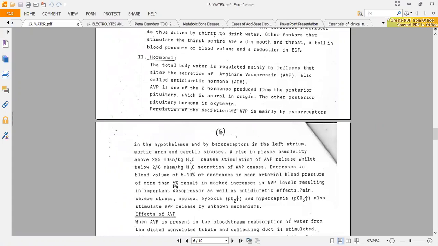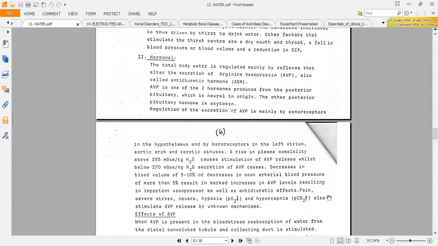So it's the osmolarity of the blood which regulates ADH release. But that is not the only thing which regulates the release of ADH, and this is a past question, and it's in this slide. Some things like pain also cause ADH to be released.